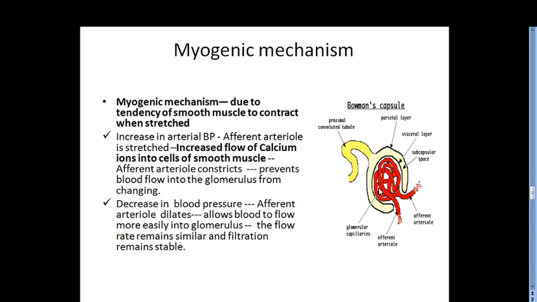The myogenic mechanism is intrinsic. Here you can see the blood vessels, afferent and efferent arterioles. They are lined by smooth muscles, so they have the property to respond to stretch, and that stretch is because of change in blood pressure. Suppose there is an increase in arterial blood pressure in the afferent arterioles.